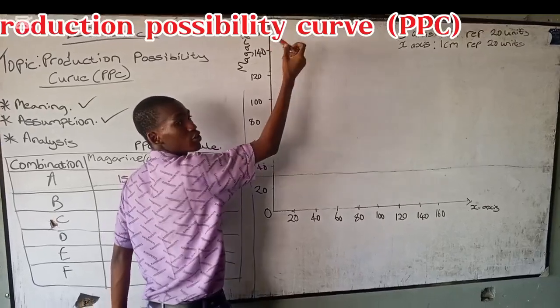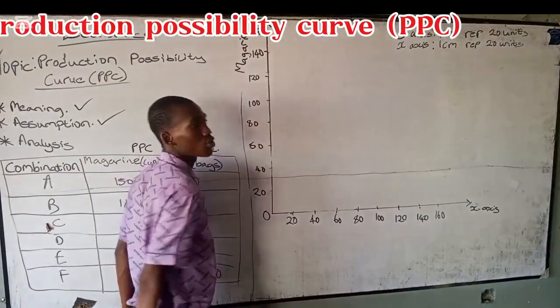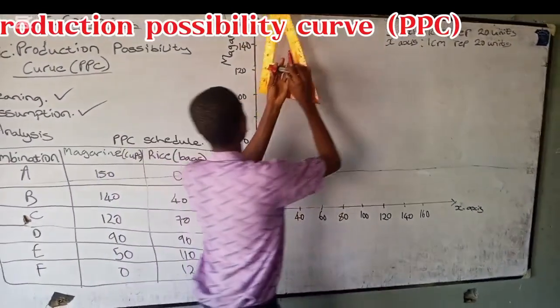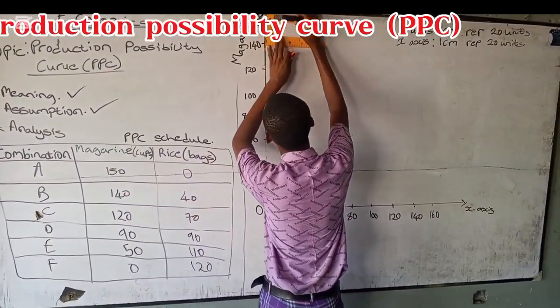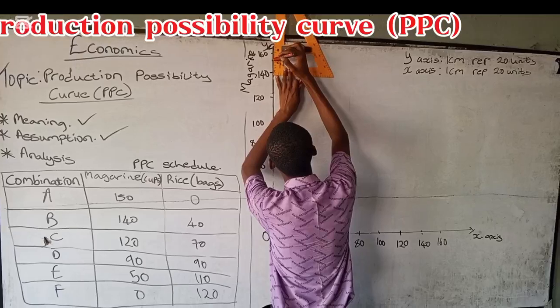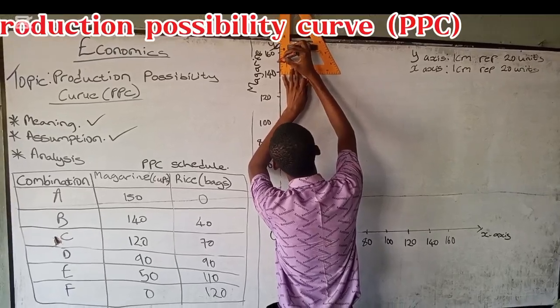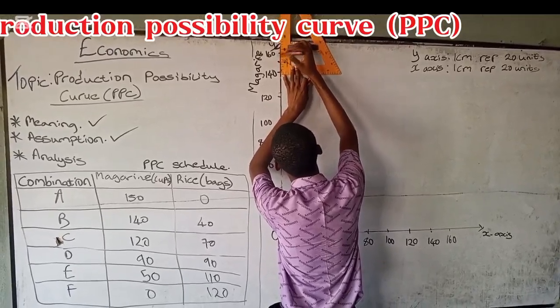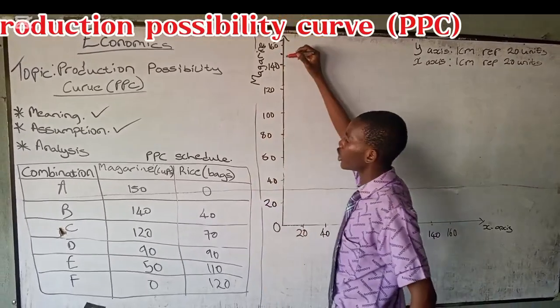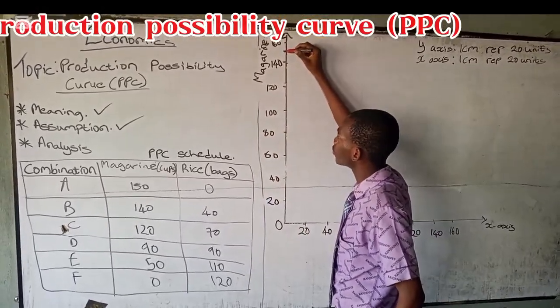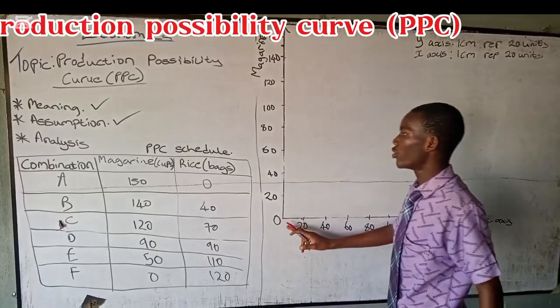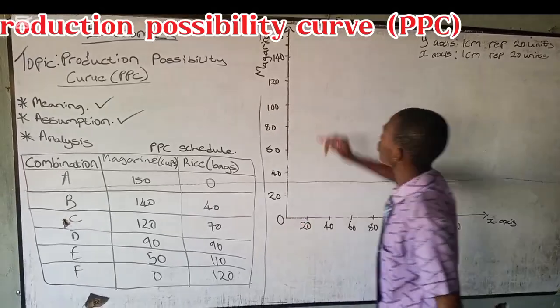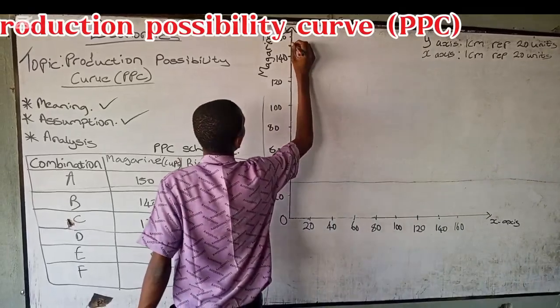From 140 to 160 is 20 units, which means between 140 and 160 is 150. That means 150 is somewhere here on the graph and 0 bags of rice. So we mark here.